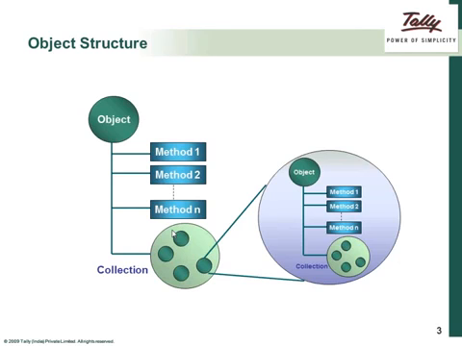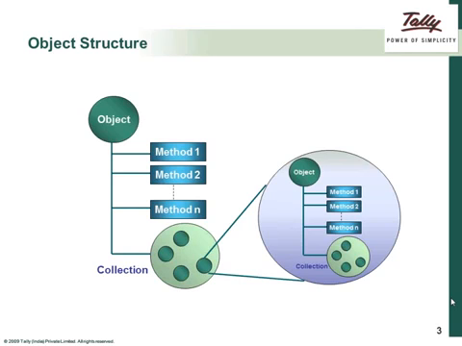So, one object has methods and collections. This collection is a group of objects, which means each object of this collection may further have methods or further have collections. This collection is again having objects and will further have its hierarchy till the level where the object only contains methods.